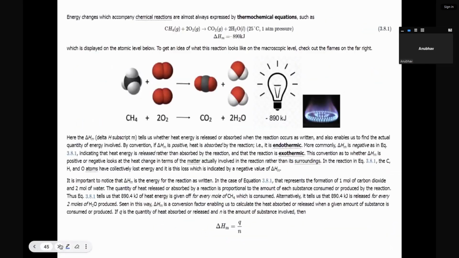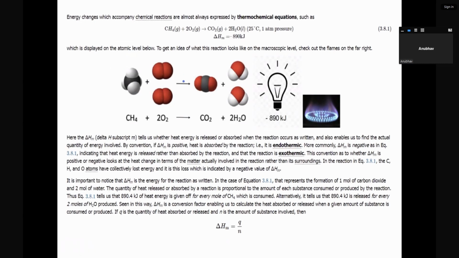Now we will move to our next slide, which is the thermochemical equation slide. Every change which accompanies a chemical reaction is almost always expressed by a thermochemical equation. So what do we mean by a thermochemical equation? A thermochemical equation is as shown over here.